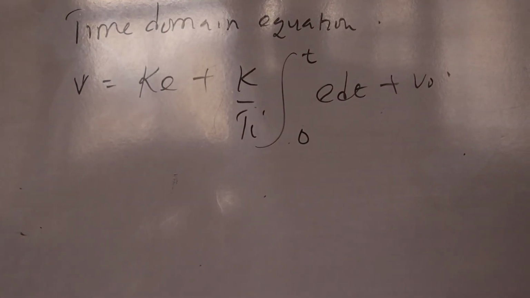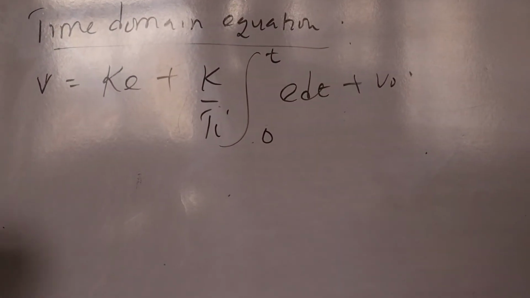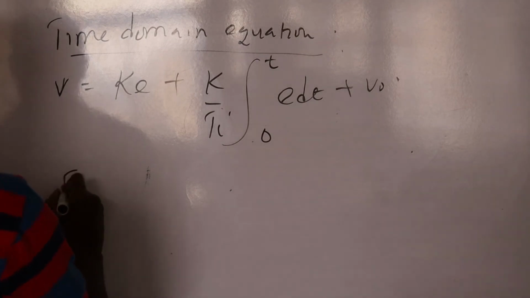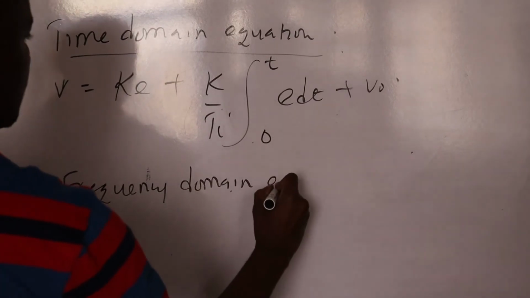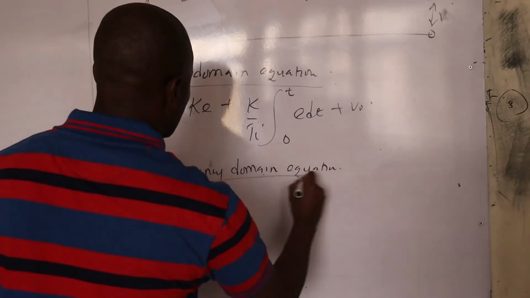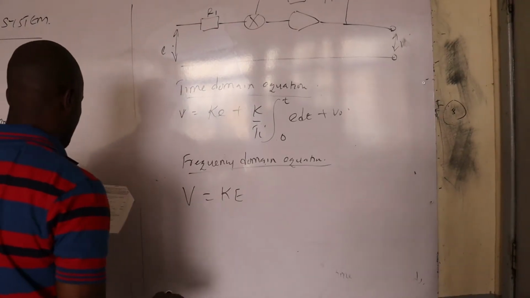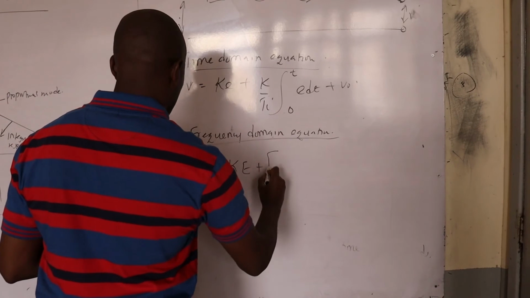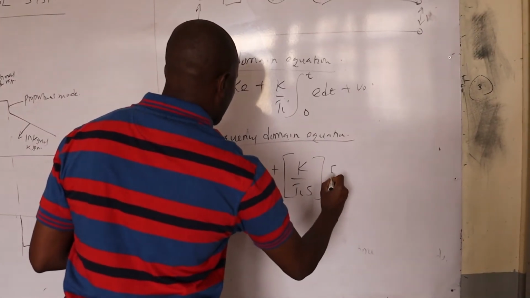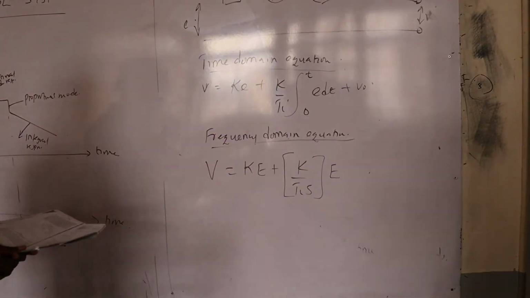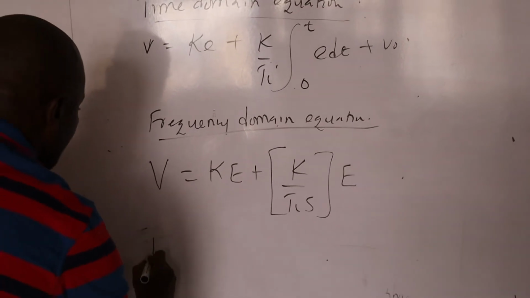When you go to the frequency domain equation, we are going to get the Laplace transform of this and then maybe rearrange it. So for the frequency domain equation, V is going to be given by Ke plus K over Tis, and the whole of that is multiplied by E. Then you can reorganize the same to get the transfer function.